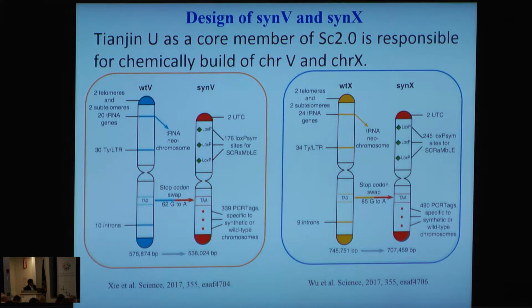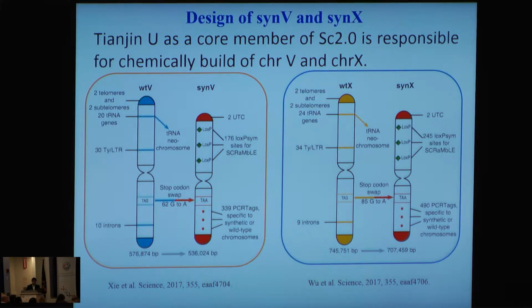For chromosome 5, we have 176 loxPsym sites, which may be used for scrambling. We also have 339 PCR tags, which can also be used. For chromosome 10, we have a very similar design.